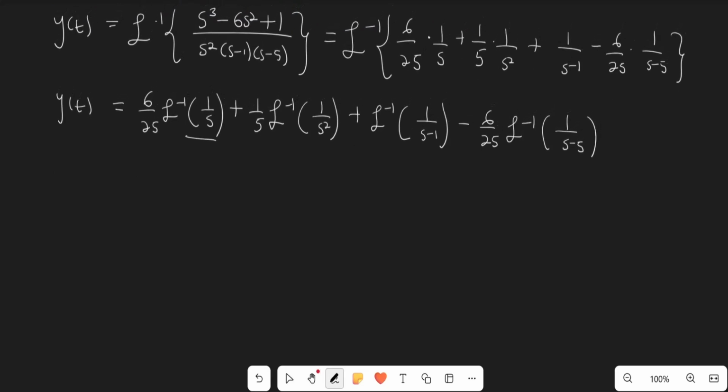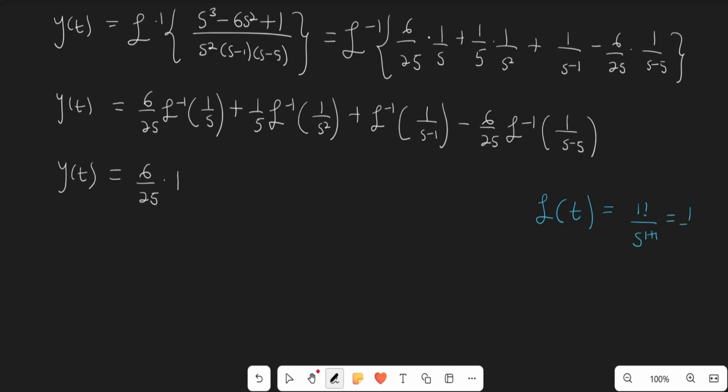So the Laplace inverse of 1 over s is 1, because the Laplace transform of 1 is 1 over s. So this one is 6 over 25 times 1. That's the Laplace inverse of 1 over s. The second one, if we can recall, the Laplace transform of t is going to be 1 factorial divided by s raised to the power 1 plus 1.